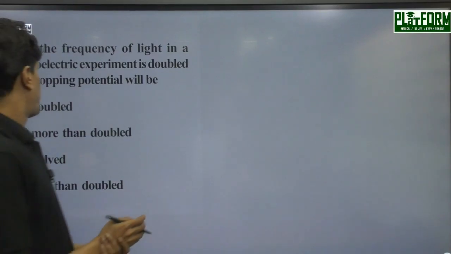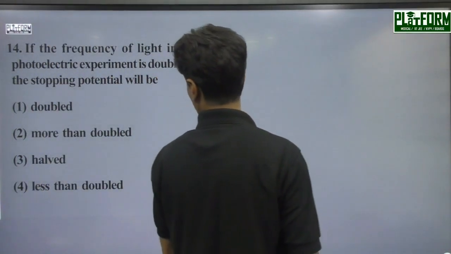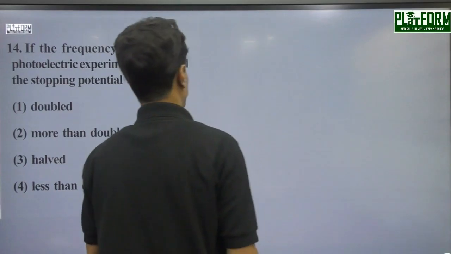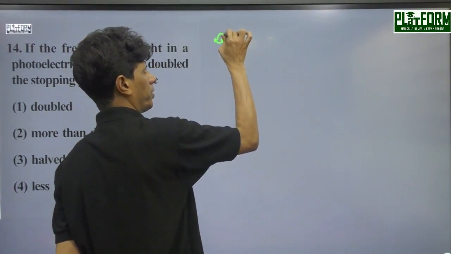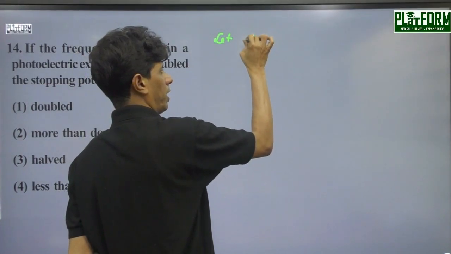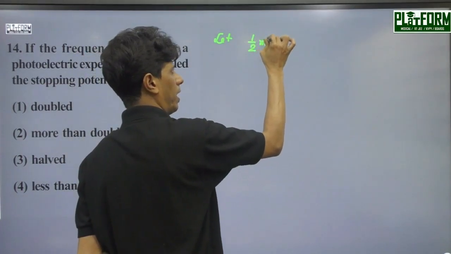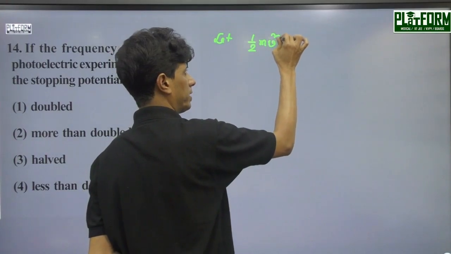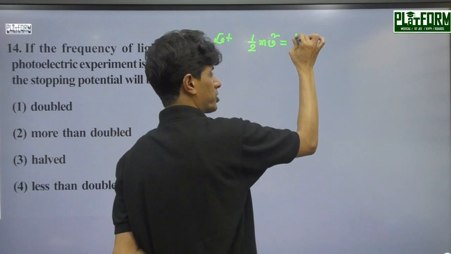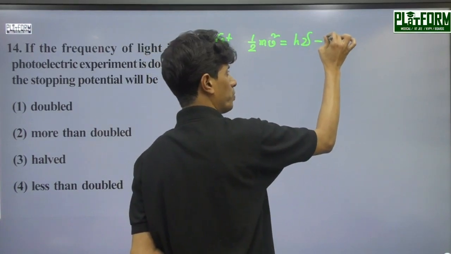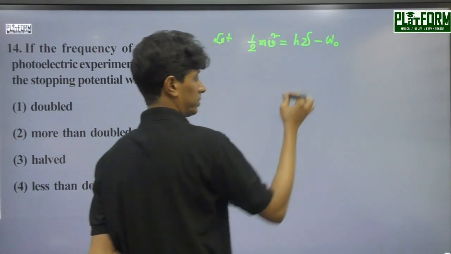If the frequency of light in a photoelectric experiment is doubled, what will the stopping potential be? Let half mv square be the maximum kinetic energy, it is h nu minus work function.